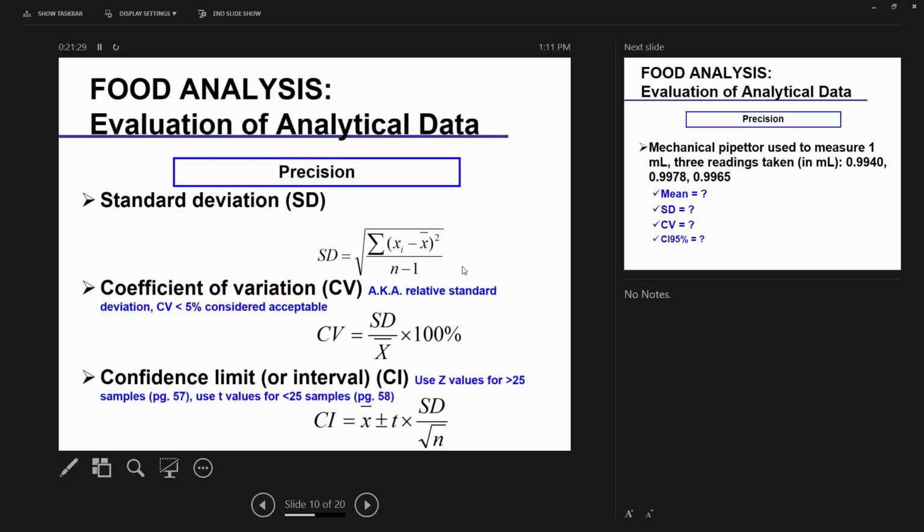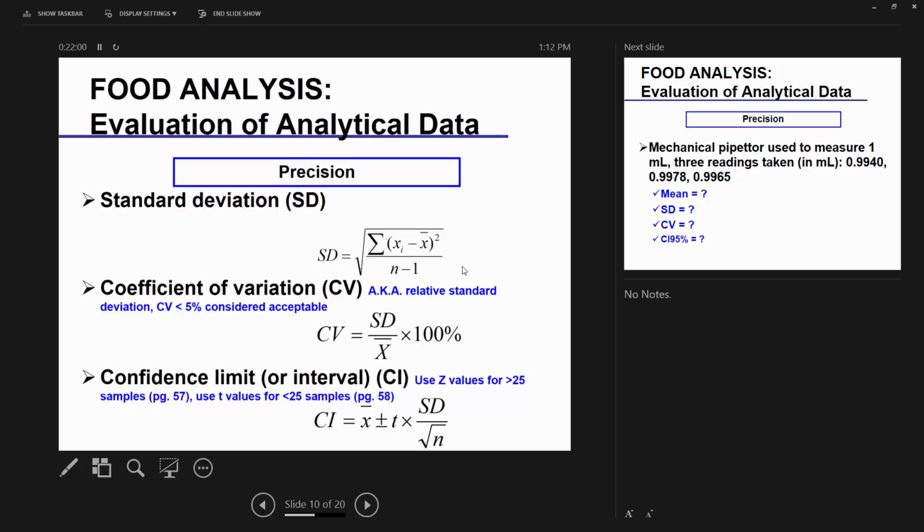All right. Another statistics number that you would calculate is something called confidence limit. So where does your value lie within a certain confidence interval? Usually you calculate that by this equation. This is the range of your data, basically.